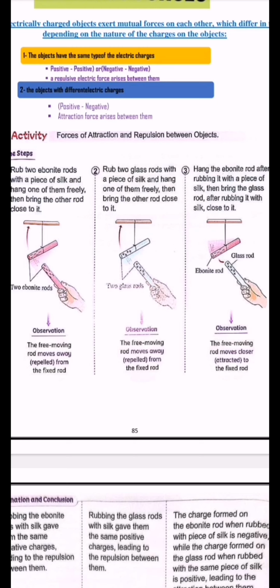Glass is higher than silk in the electrostatic series, so the glass will lose electrons and become positive, but silk will gain these electrons and become negative. And the two glass rods have the same charge, called positive. So what happens? A repulsion force arises between them.